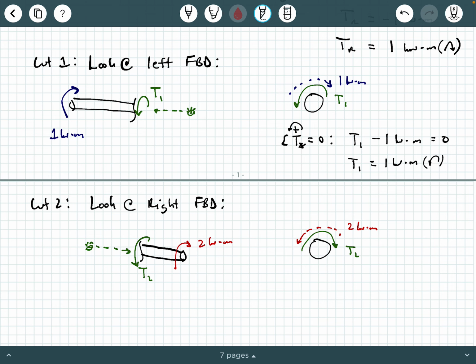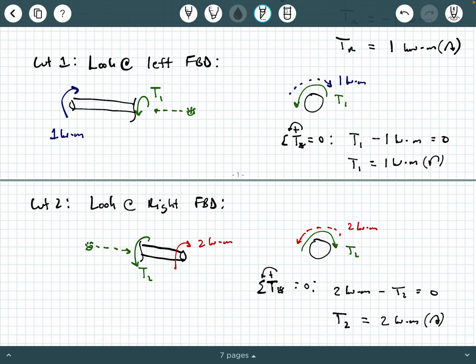Look at it here, from this perspective. And then behind it, you see the 2 kilonewton meters going counterclockwise. And so I'm going to say sum of the torques with my eyeball equals 0, counterclockwise positive. And so here I'm going to have 2 kilonewton meters minus T2 equals 0. So from this perspective, T2 is 2 kilonewton meters, and this is going clockwise from this viewpoint's perspective.